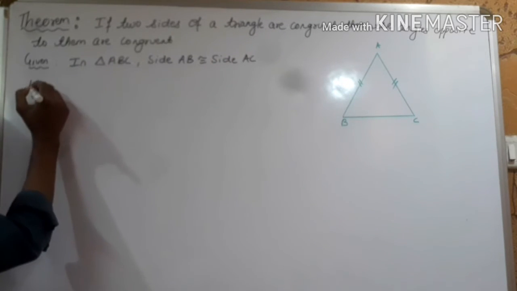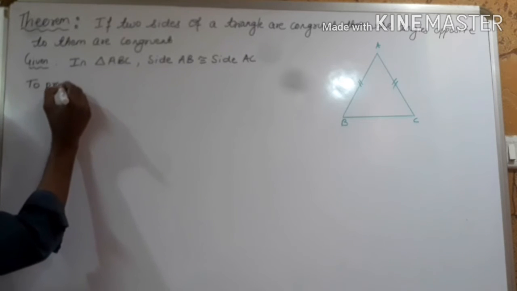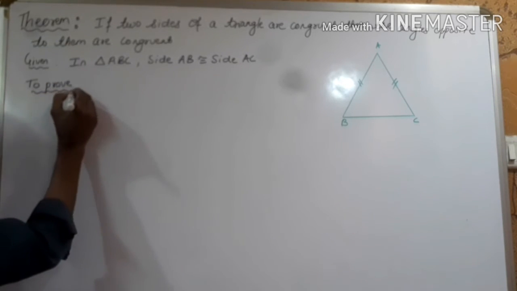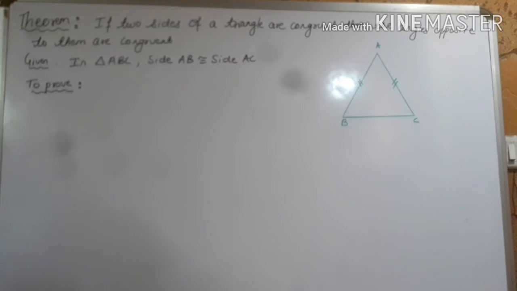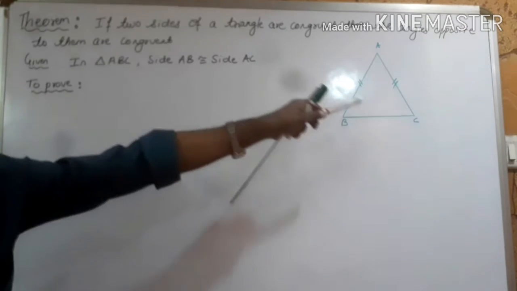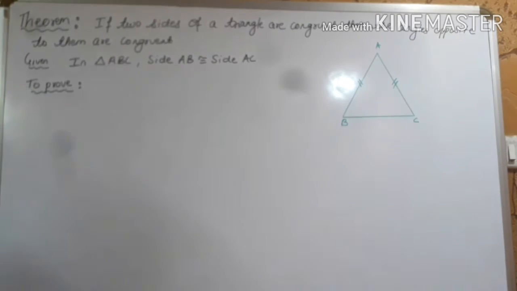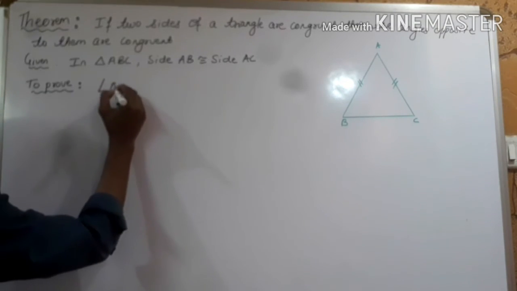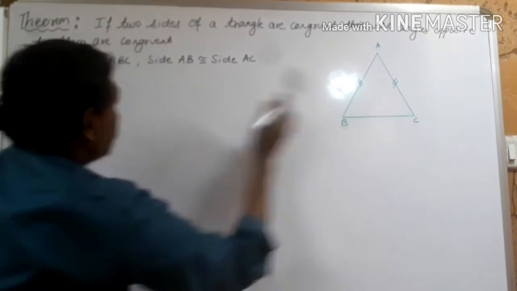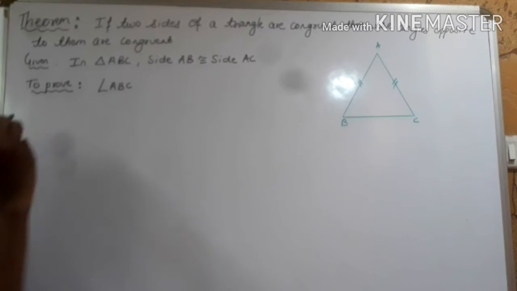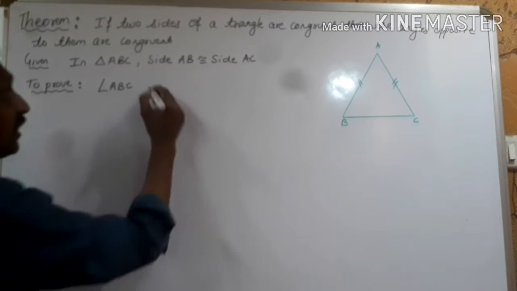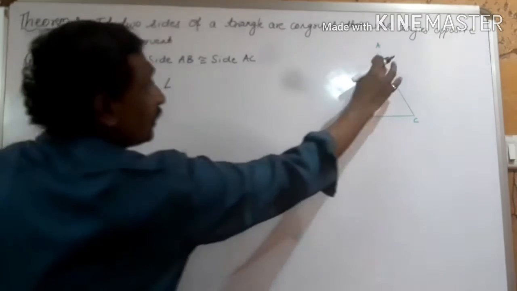Okay, what I have to prove? Carefully see what I have to prove. Angles opposite to the sides. Angle ABC congruent to angle ACB.